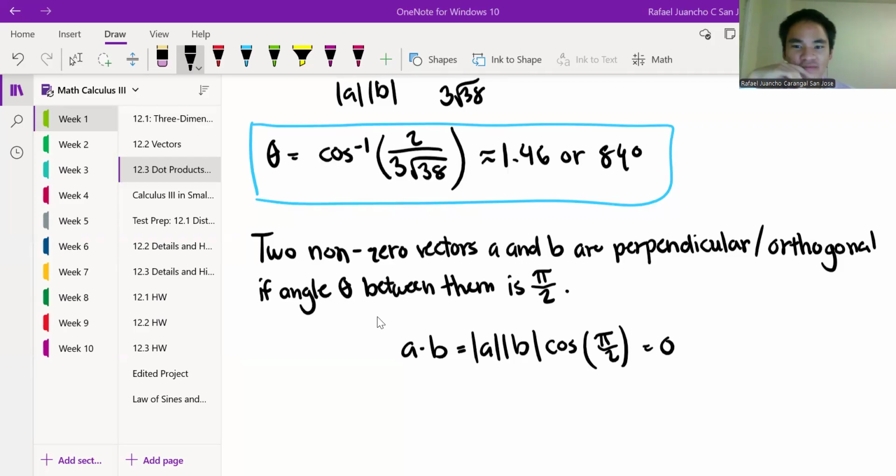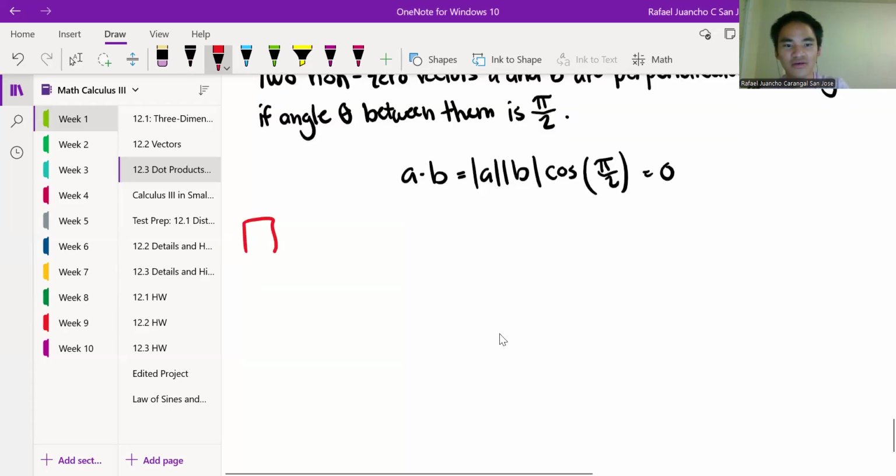Yeah, and then fun fact, if we remember the 0 vector, that is considered to be perpendicular to all vectors. And so here we have the following method for determining whether two vectors are perpendicular slash orthogonal.